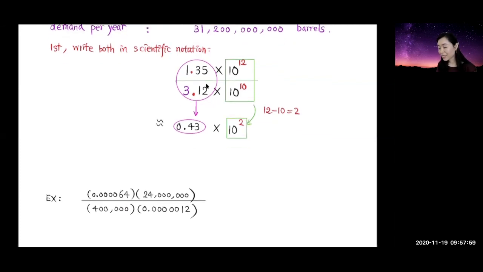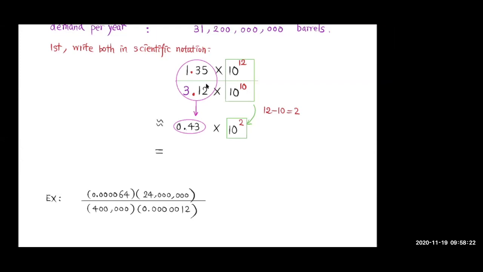Now, let's write it in standard notation. So times 10 to the second power, you're going to move this decimal point left or right? To the right, 2 places. What number do you get? 43.